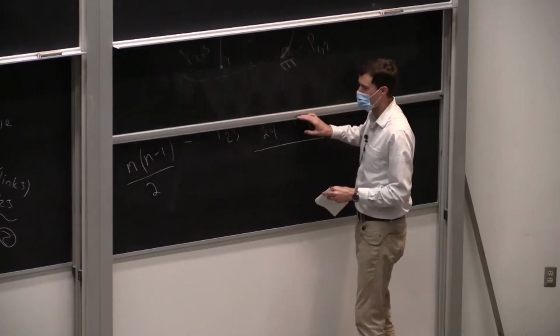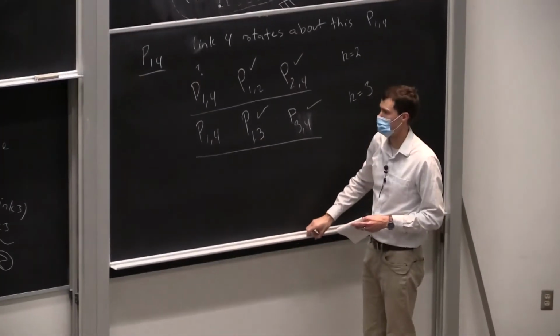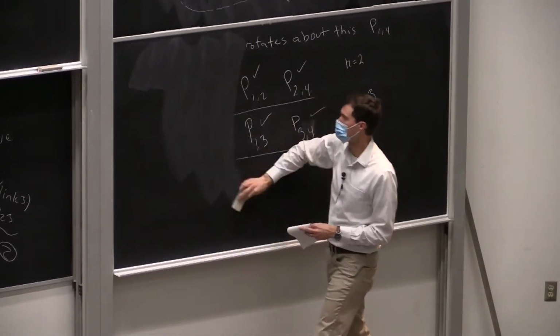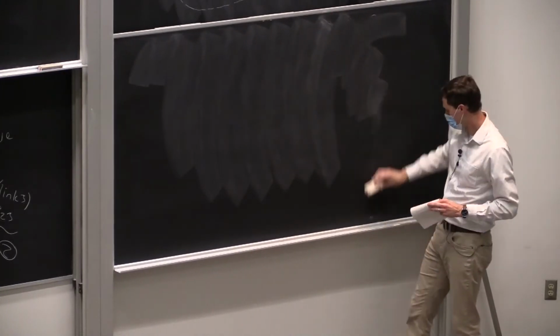Next, let's repeat that process, acting like it's on link 3. So we're going to draw the same thing, but for link 3. And we're going to extend link 3 in our minds to cover our point.